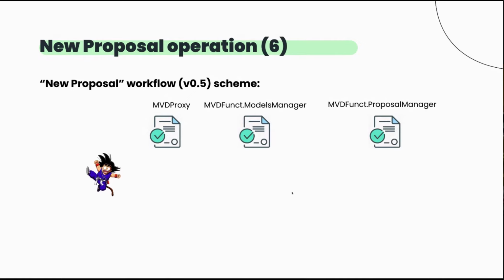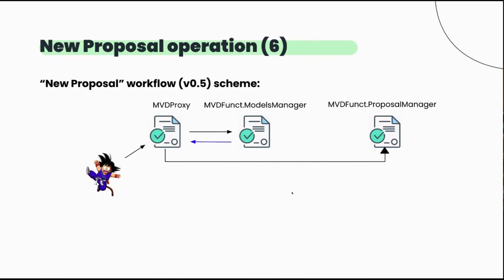So we can see the scheme of the new proposal workflow in the 0.5. First of all, we have our user, Goku, who can call the MVD proxy. The proxy calls the functionality models manager, which is the same as in the 0.3, because the models manager checks if a well-known functionality is involved and responds. Then the MVD proxy calls the functionality proposal manager.